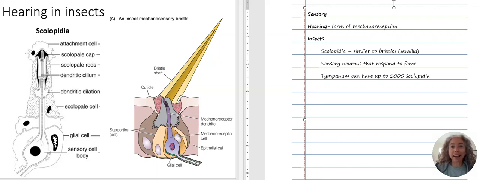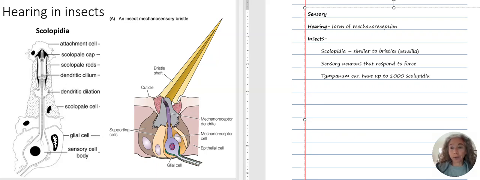The axon and the soma, or the cell body, are surrounded by Schwann cells that we talked about when we talked about the nervous system. And an extending dendrite is surrounded by scolopale cells, and these scolopale cells are going to protect it.